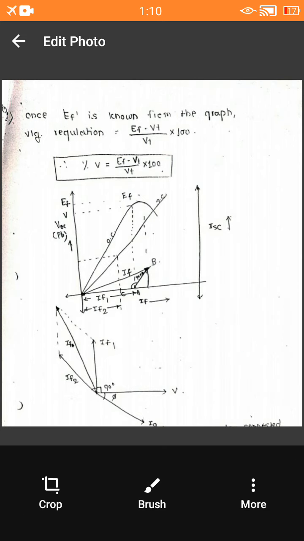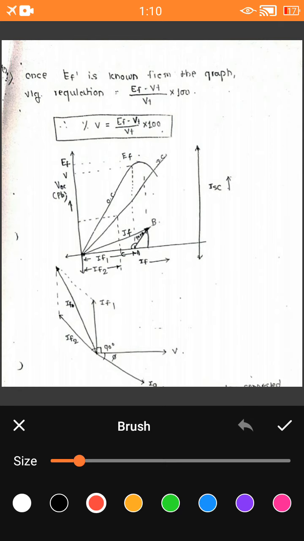Then the next step is that for a given value of current, we want to find the value of IF1. For finding IF1, we calculate the value of V, denoted by the dotted line from the OCC characteristics.